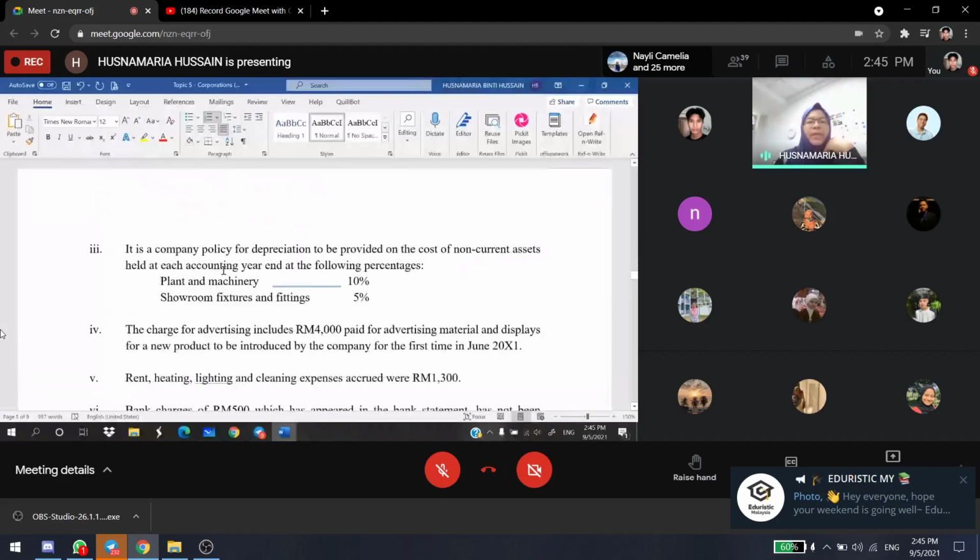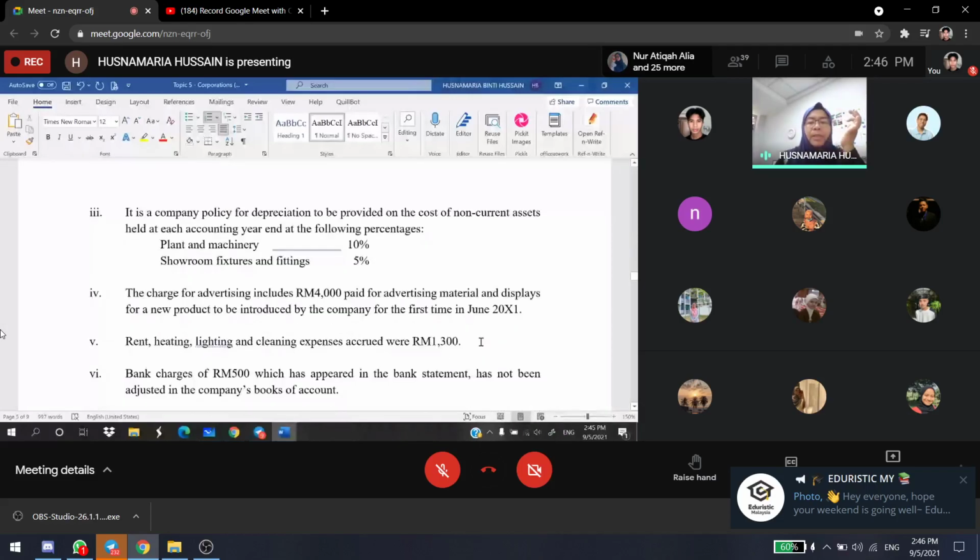This is depreciation. The charge for advertising includes 4,000 paid for advertising material and display for a new product to be introduced by the company for the first time in June 20X1. What is this 4,000? Paid for advertising material and display for a new product which is to be introduced for the first time in June.